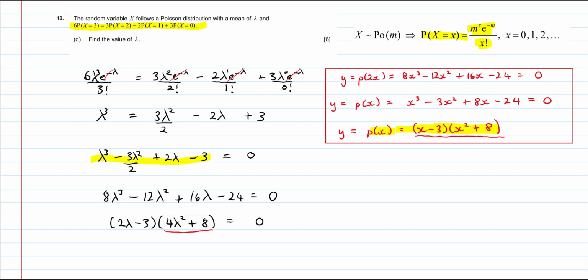So our only solution is going to be 2 lambda minus 3. So 2 lambda minus 3 is equal to 0. And so that means that lambda is equal to 3 over 2 or 1.5. You can write it either way. So that is question 10d.